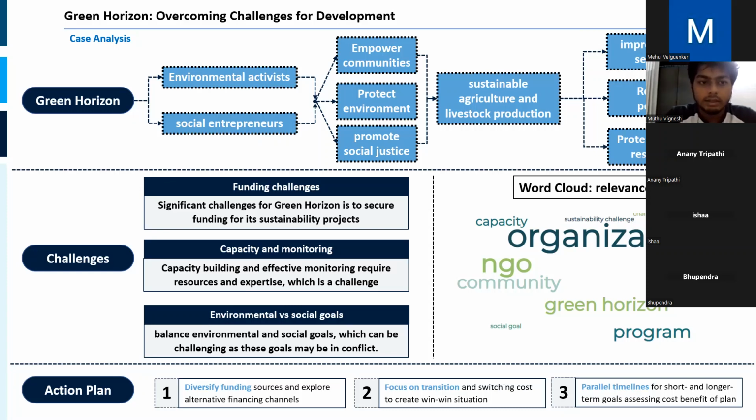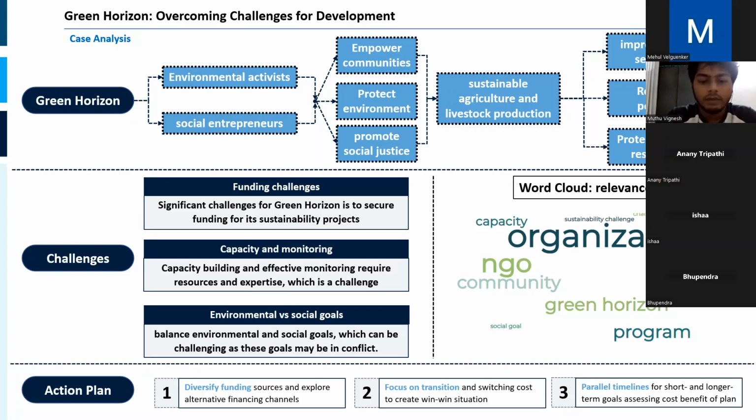In the funding challenges, the funding of the company was lowered by the year 2019 due to various reasons, which will be explained in detail further. In the capacity and monitoring challenge, the workforce of the NGO is about 3 laborers, so they are not able to monitor their process efficiently, and there is a lack of performance analysis also.